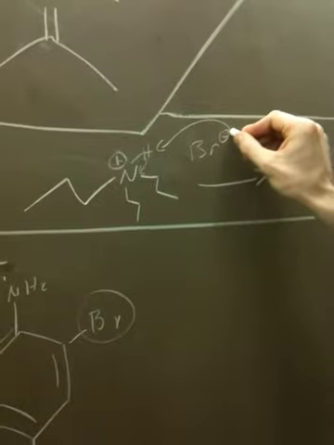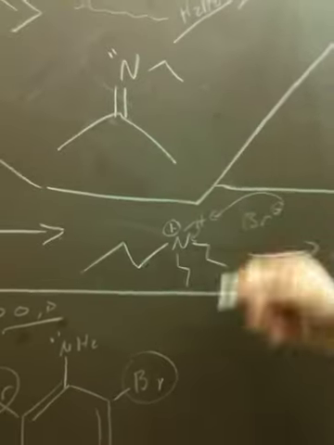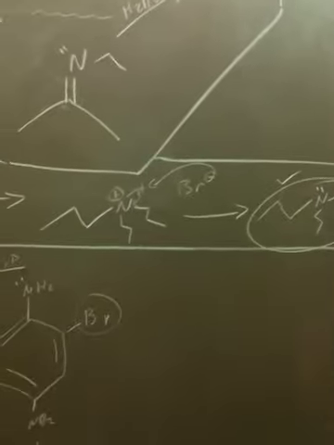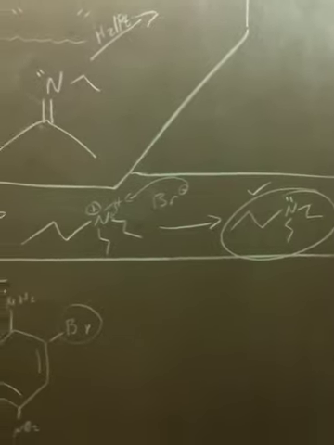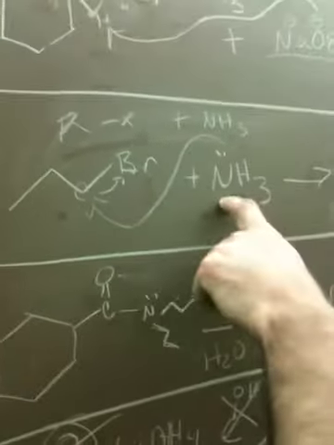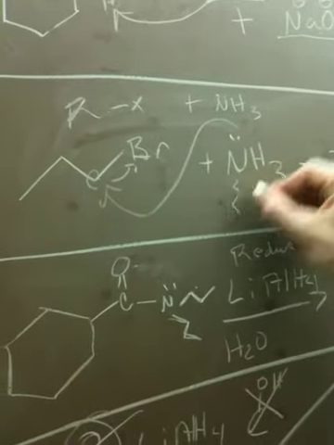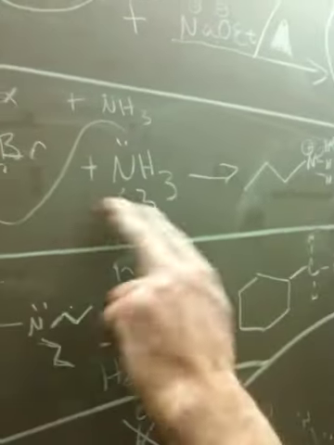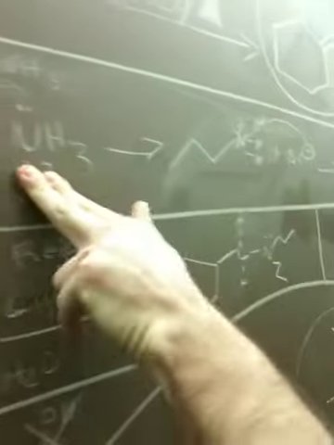Br minus comes back, takes an H away, and makes this. So it's exactly like this guy over here that we did, but this one's primary and that one's secondary. On the one we just walked away from, it's got some R groups on here. So just remember that the halide goes away and this thing gets added on.